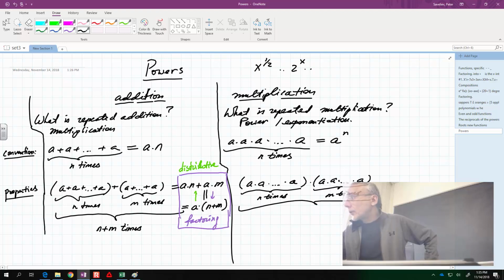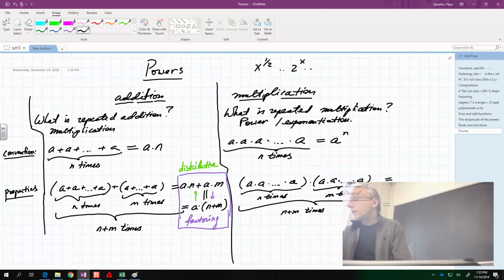Altogether, a appears n plus m times, just like on the left. The only difference is that instead of the summation sign, we have multiplication signs everywhere. Otherwise it's the same idea: we just count the number of times a appears. It still appears n plus m times. So what remains is just to write these two things in these two different ways.